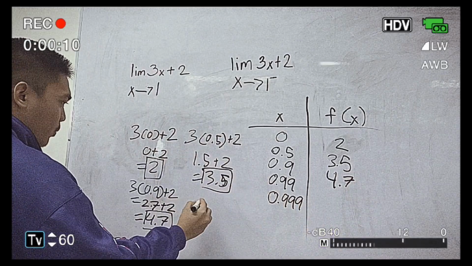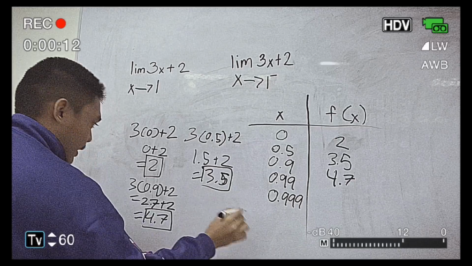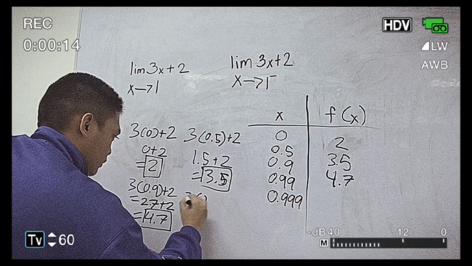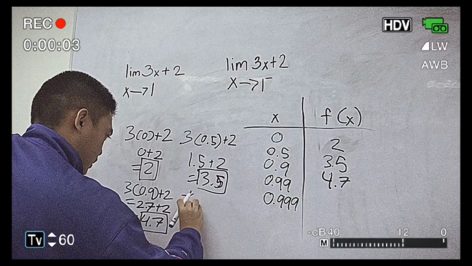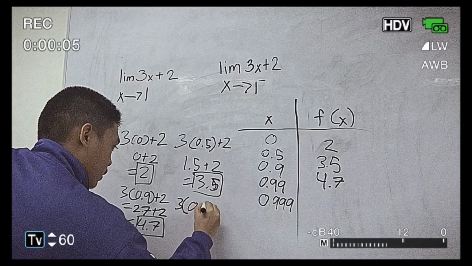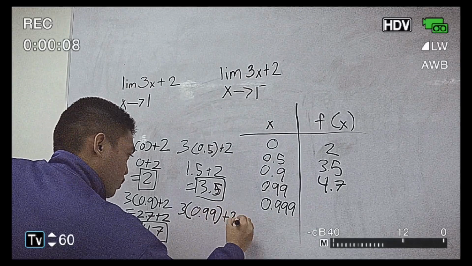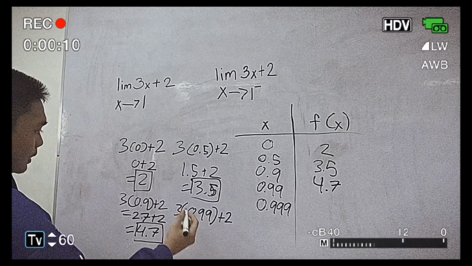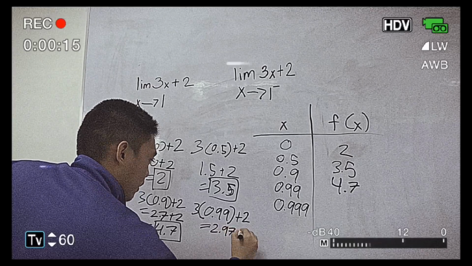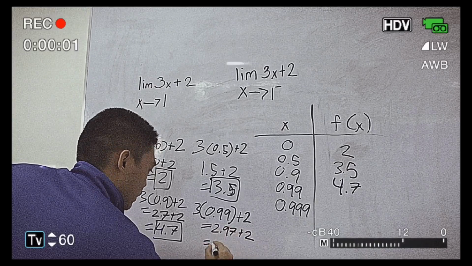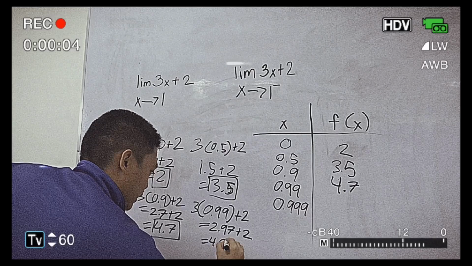Next, 0.99. 3 times 0.99 is equal to 2.97, plus 2, which is 4.97.